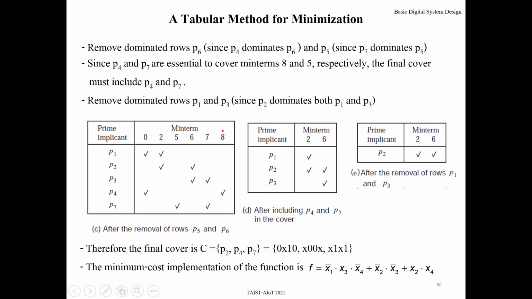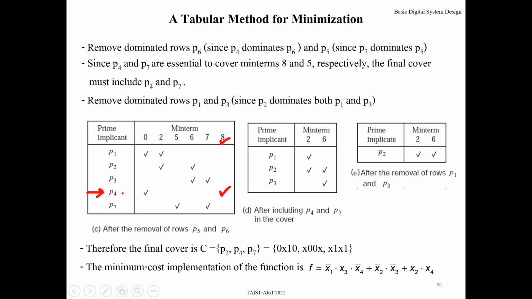Sorry, for this one, this is 1 check, right? At the column, you must select midterm 8, and that is already this 1 check. That means you must select P4. If not, you cannot cover this midterm 8. Okay, you must use this one.